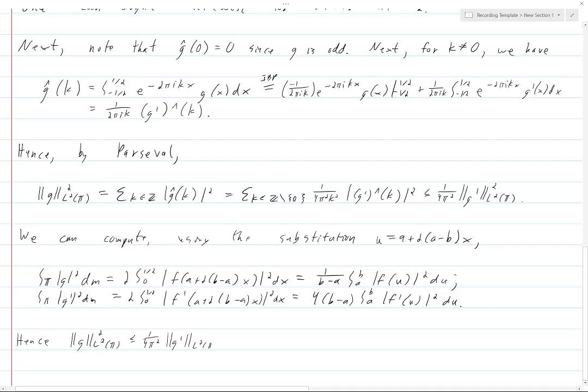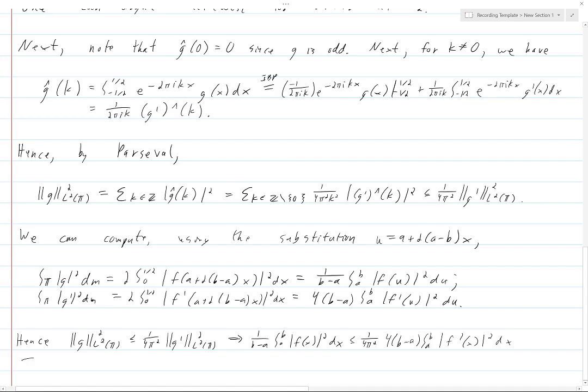This implies 1 over b minus a times the integral from a to b of f squared is less than or equal to 1 over 4 pi squared times 4 over b minus a times the integral from a to b of f prime of x squared dx.